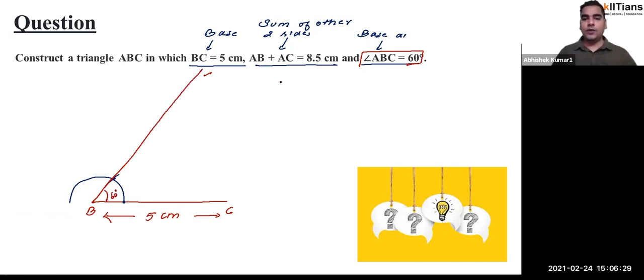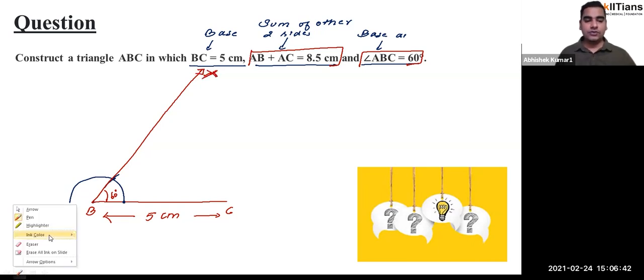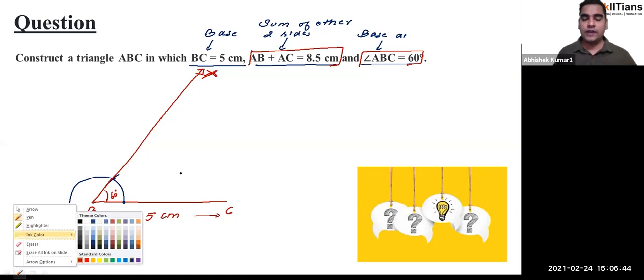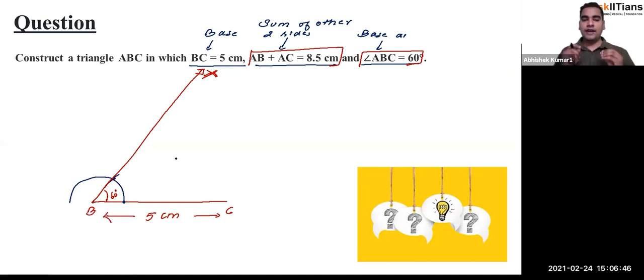Okay. Now, what is the sum of the other two sides? The sum of the other two sides is equal to 8.5 centimeter. So let us call this Bx. Okay, that's x. All right. Because the sum of the other two sides is equal to 8.5 centimeter, you have to assume B as a center and mark an arc whose length is equal to 8.5 centimeter on it.